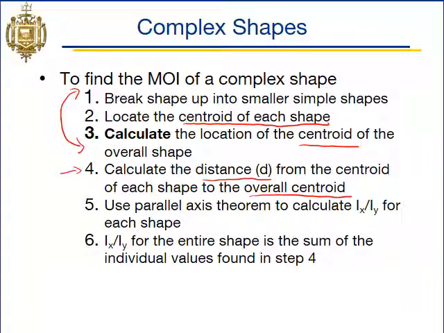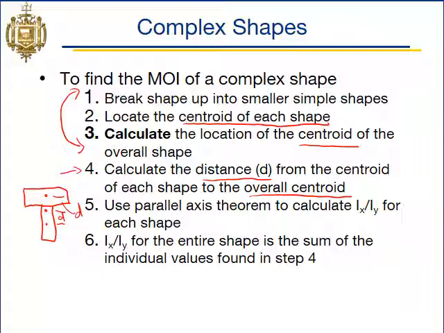We'll just do a quick little sketch here. If we have this T-shaped object, here's the centroid of the top piece, here's the centroid of the bottom piece, and then the overall centroid ends up being somewhere in here. There's our overall centroid. Then we need to find what these distances are.